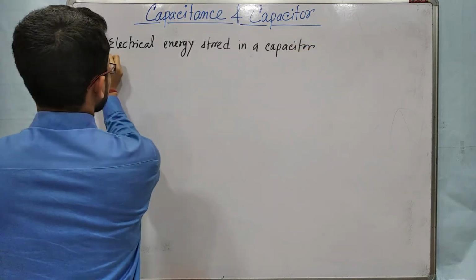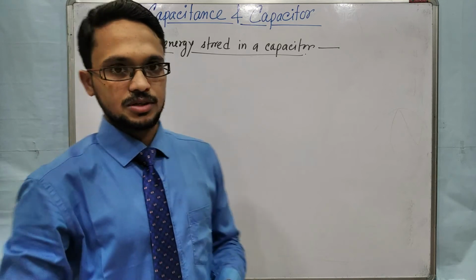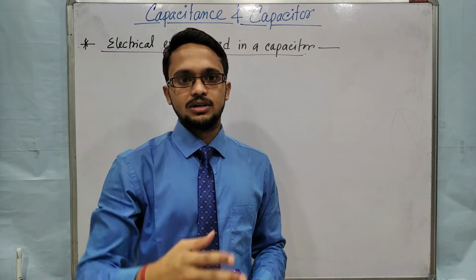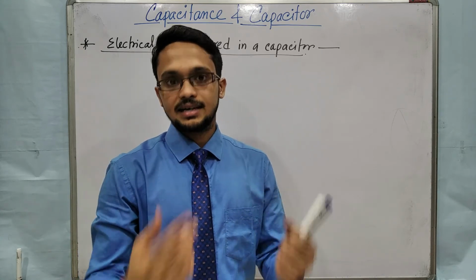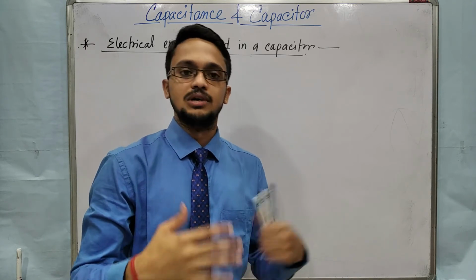What will be its value? Suppose you are charging your mobile or your laptop, it will show 10% charged, then 20%, 30%, 50%, 90%, and then 100%. 100% means fully charged.